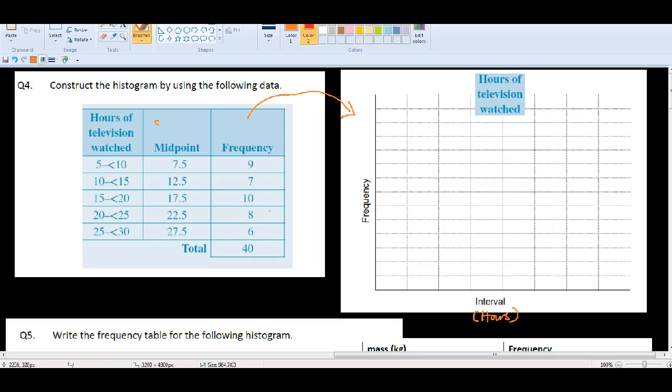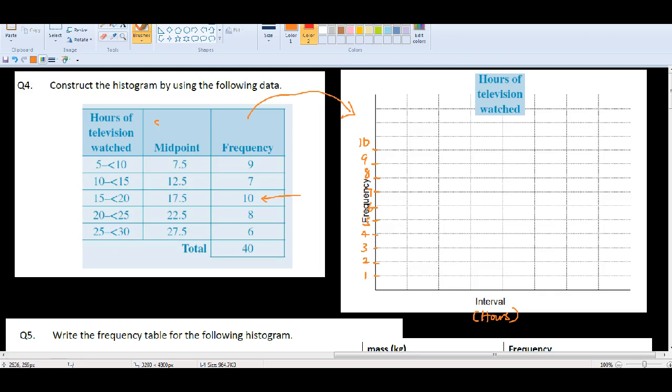The highest frequency should be 10, right? So do we have enough boxes? Let's write 1, 2, 3, 4, 5, 6, 7, 8, 9, 10.